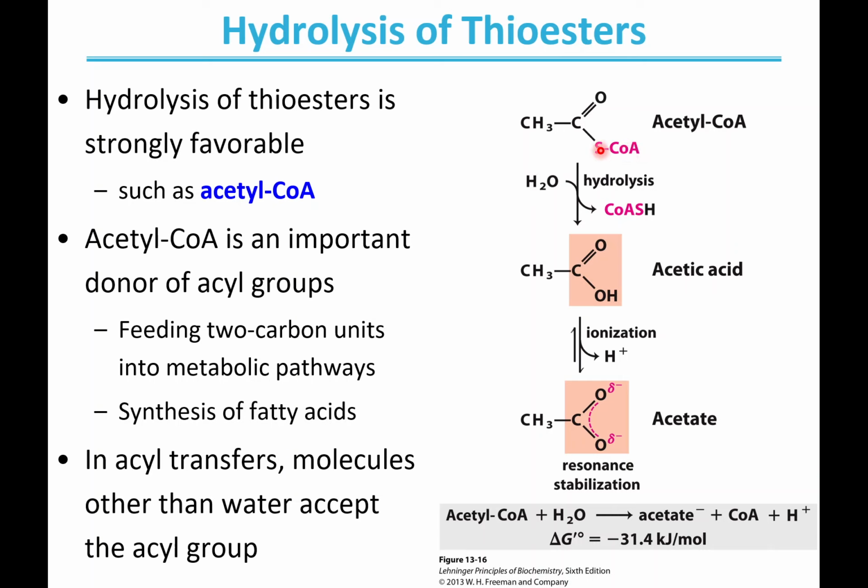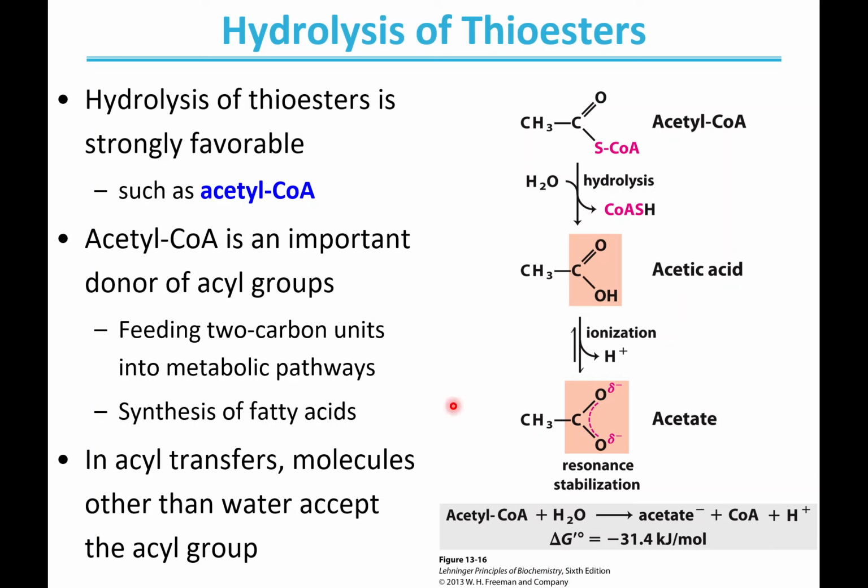But the important part of it is this acetyl group. So you have two carbons, a methyl and a carbonyl, attached to the sulfur at the end of coenzyme A. Acetyl-CoA is very important in donating acyl groups, so the two carbon groups.